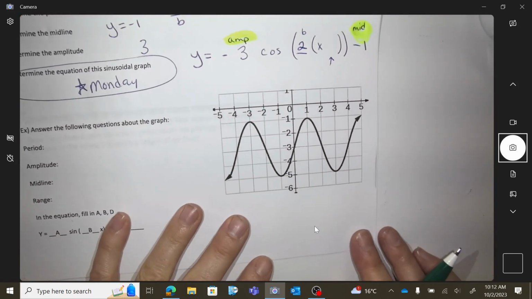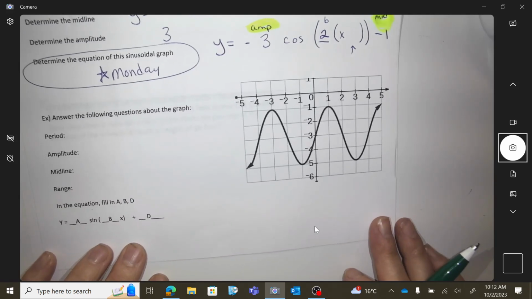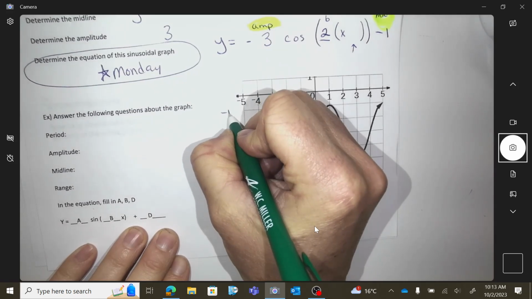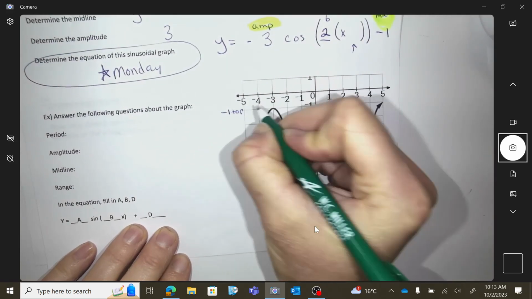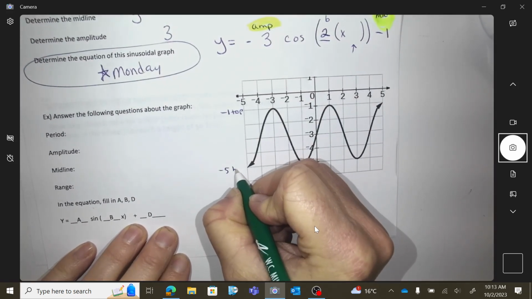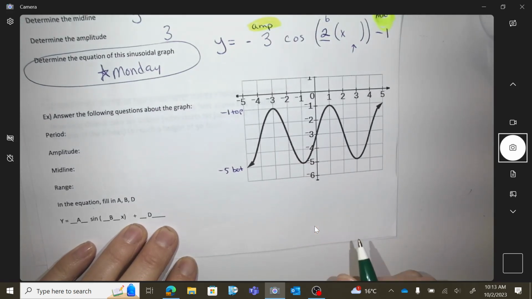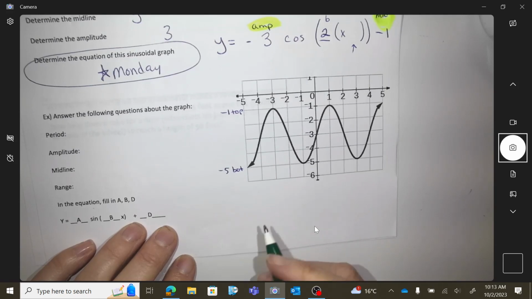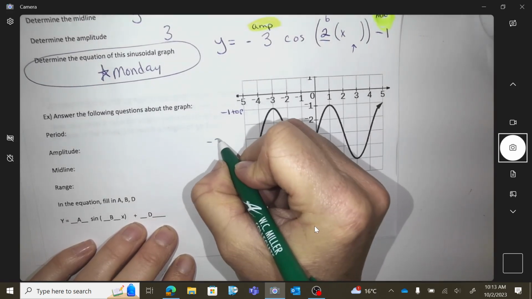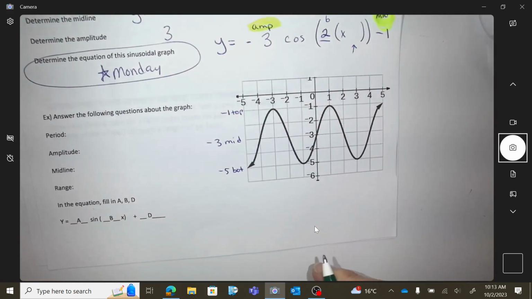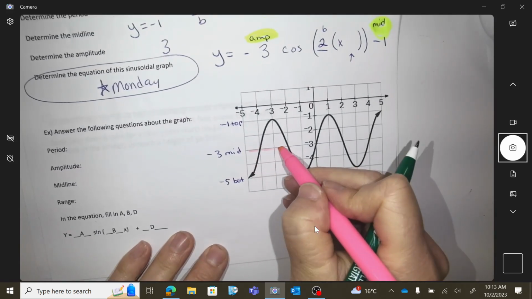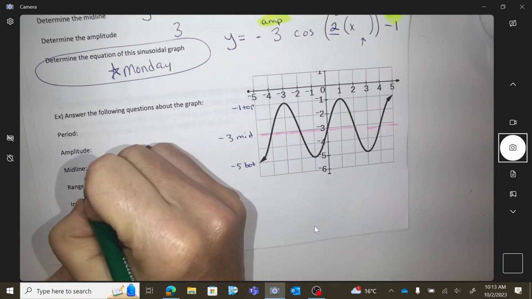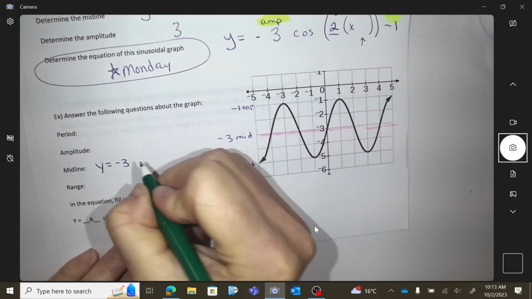Here we go. Looking at this graph. Let's do midline first because that's always the easiest. So -1 is the top. -5 is the bottom. What's in the middle of those numbers? -3. So midline, y equals -3.